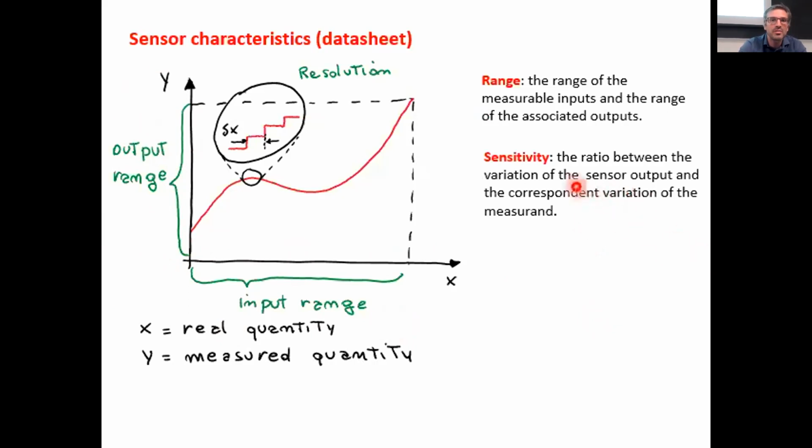And the sensitivity is the ratio between the variation of the sensor output and the corresponding variation of the measurement. So in your opinion, for example, is a load cell that creates 1 volt output with a range of 10 Newton more sensitive or less sensitive than one load cell that creates 1 volt output with 1,000 Newton?